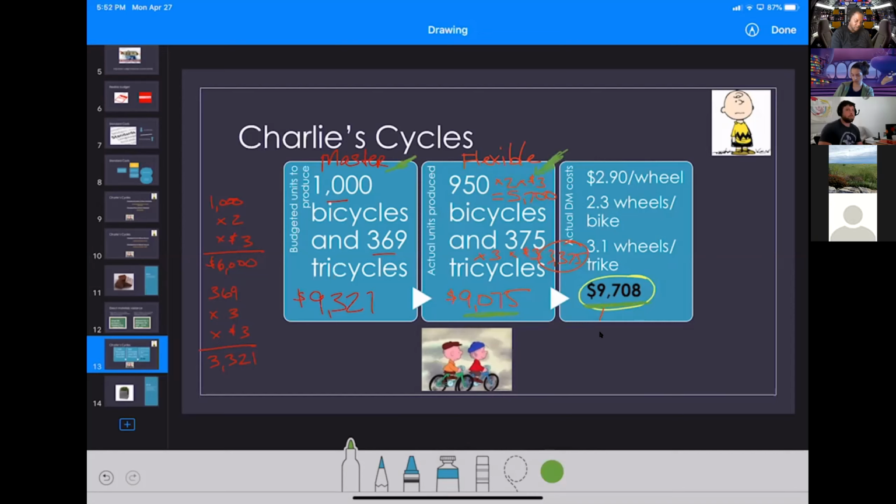The difference between actual cost and flexible cost? Yes. So I hear somebody say 633. The difference between the 9,708 and the 9,075.